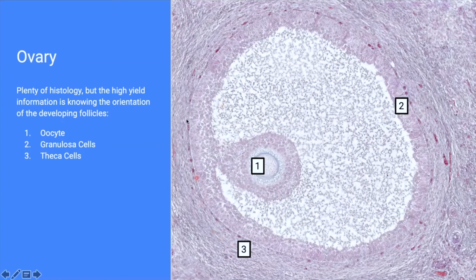And then just external to that is going to be our theca cells. So there's plenty of theca cells on the outside surrounding each developing follicle. But as far as histology and Step 1 are concerned, I would know to this level that the oocyte is the big internal cell surrounded by a layer of granulosa cells, and then finally an outermost layer of theca cells.